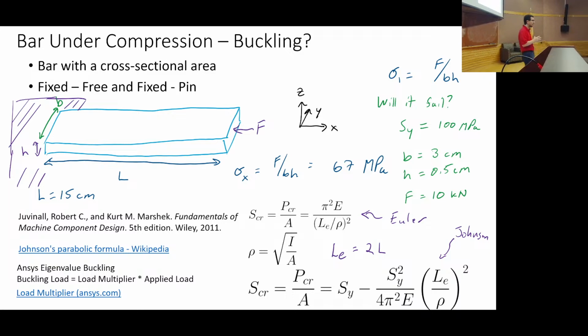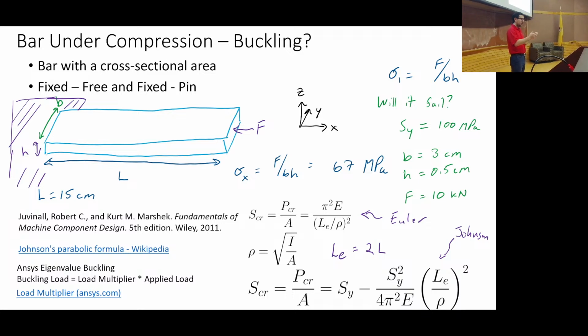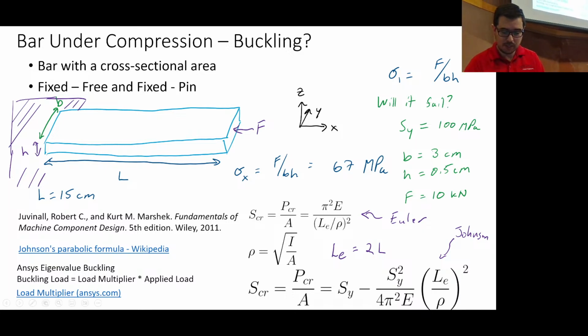Yes, Anthony? Euler was for long, slender beams. Right. So the Euler criterion is valid, like you said, where you have a high slenderness ratio. And what is the slenderness ratio? Well, it is this term over here.